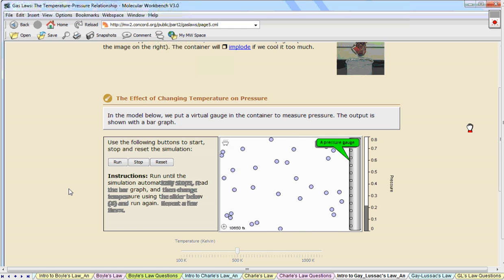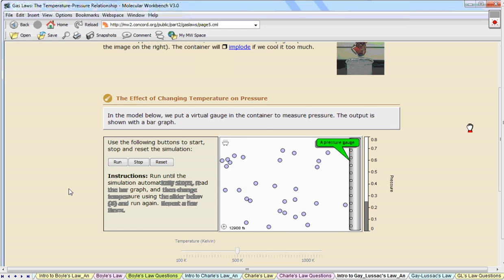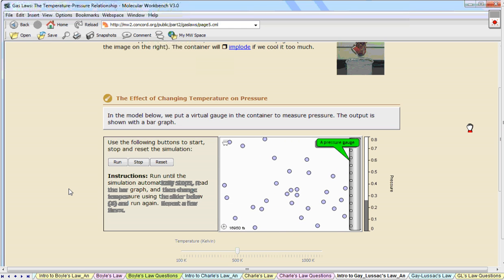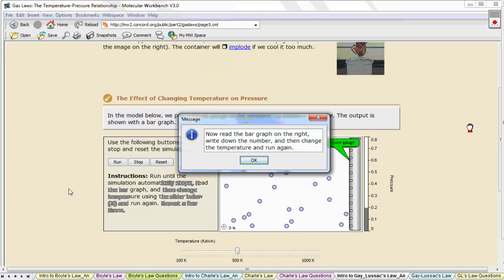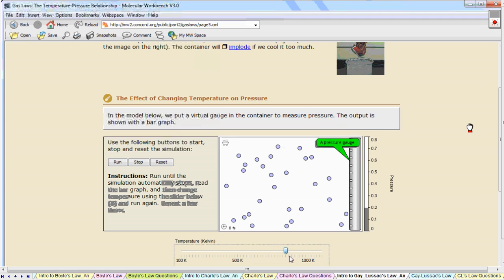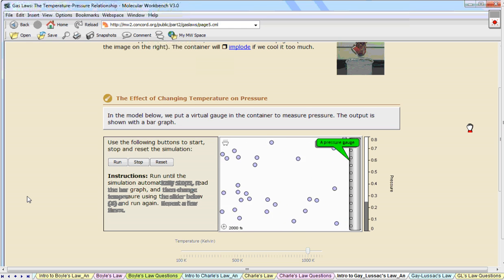Faster moving particles, one, collide more with the edge of the container that they're in, and two, when they do collide, they have more energy. So we can see that we've got an increase in pressure here. It went from about 0.02 up to 0.2. So a fivefold increase in temperature, in this case, gave a tenfold increase in pressure.